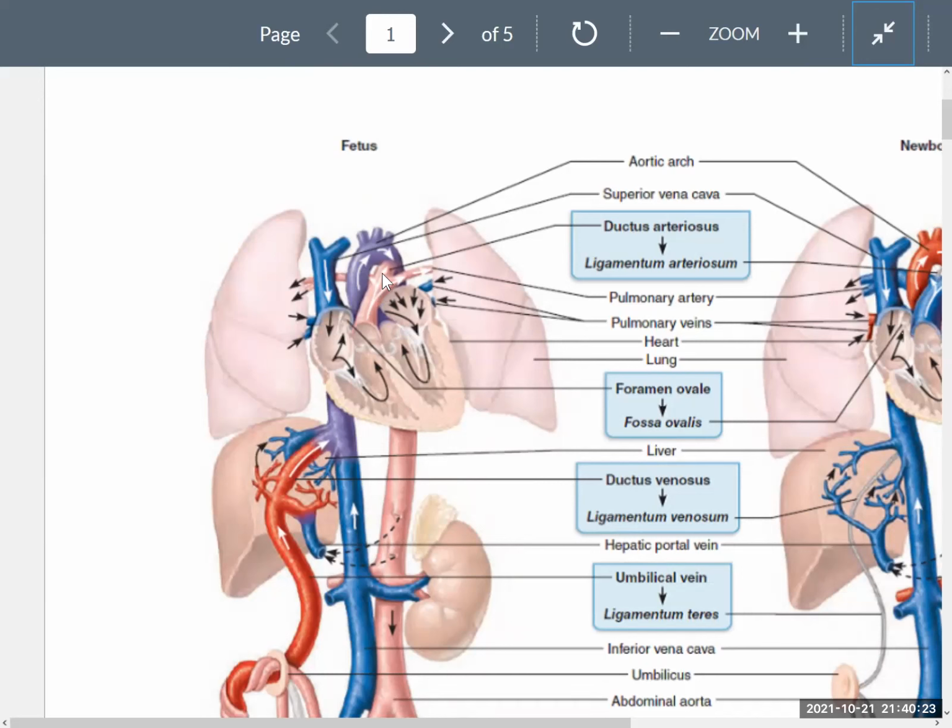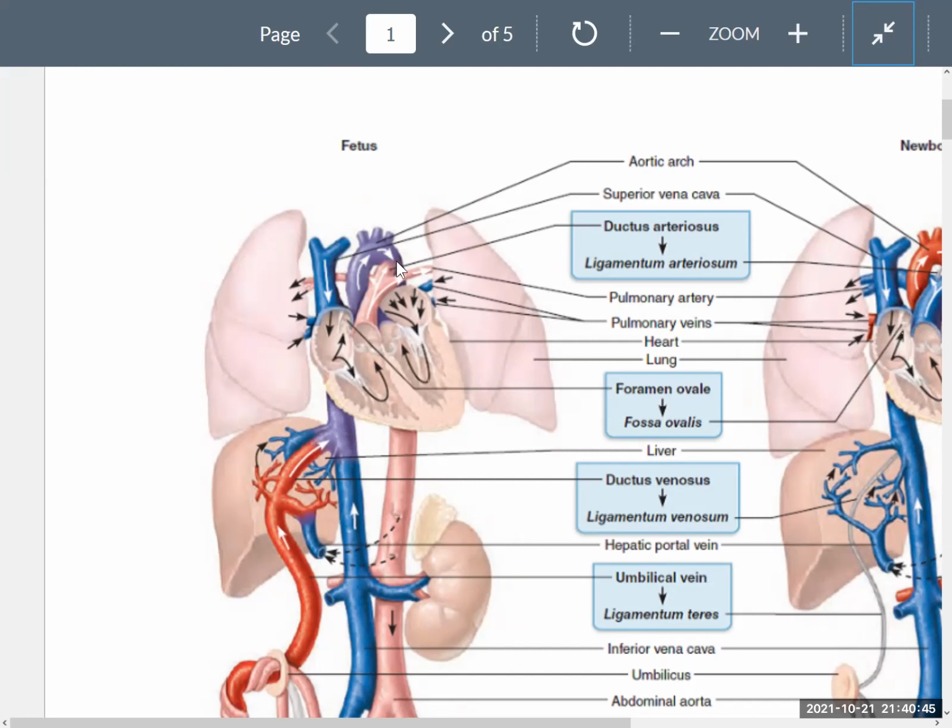The majority goes through this larger shunt, a shortcut that doesn't exist in you and I as adults. This shunt takes the blood from the pulmonary trunk straight into the lower portion of the aortic arch.